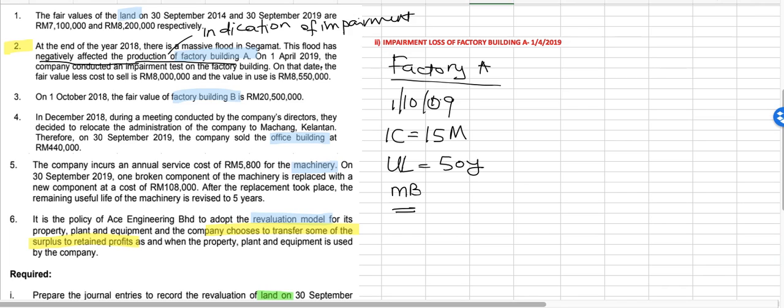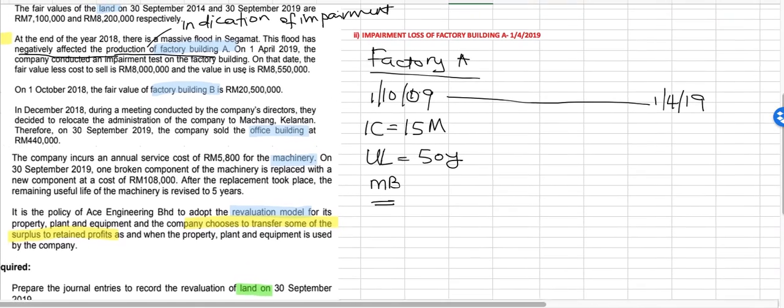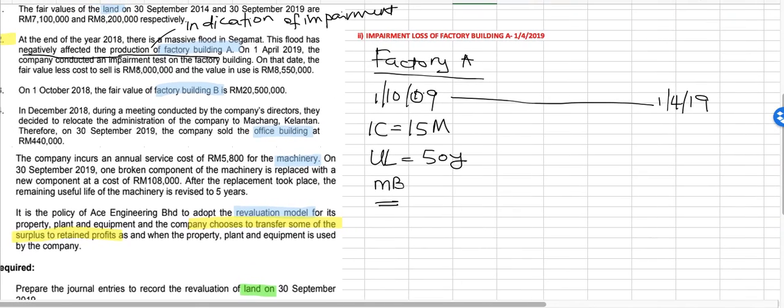So on 1st April 19, the company conducted an impairment test.